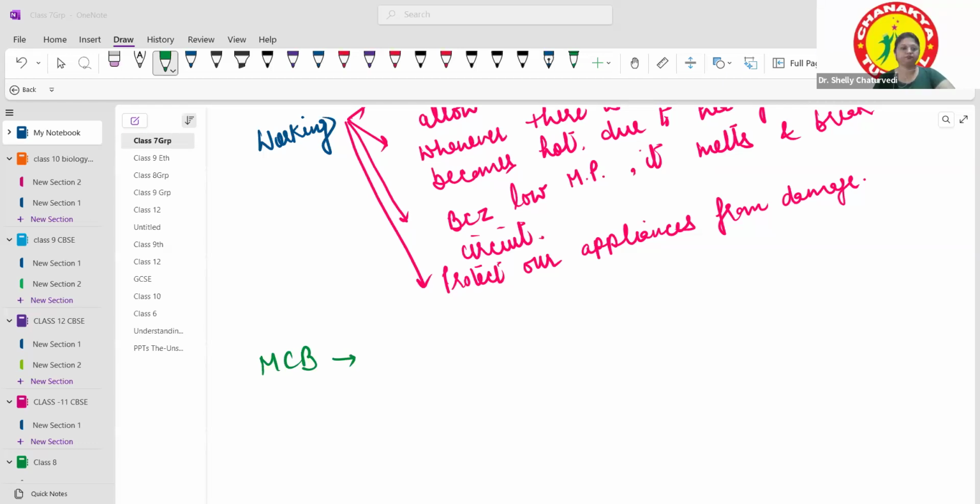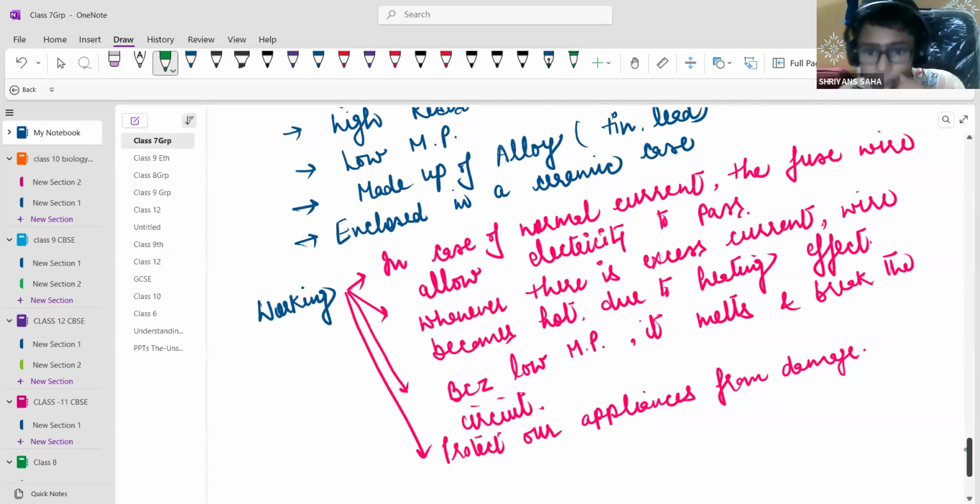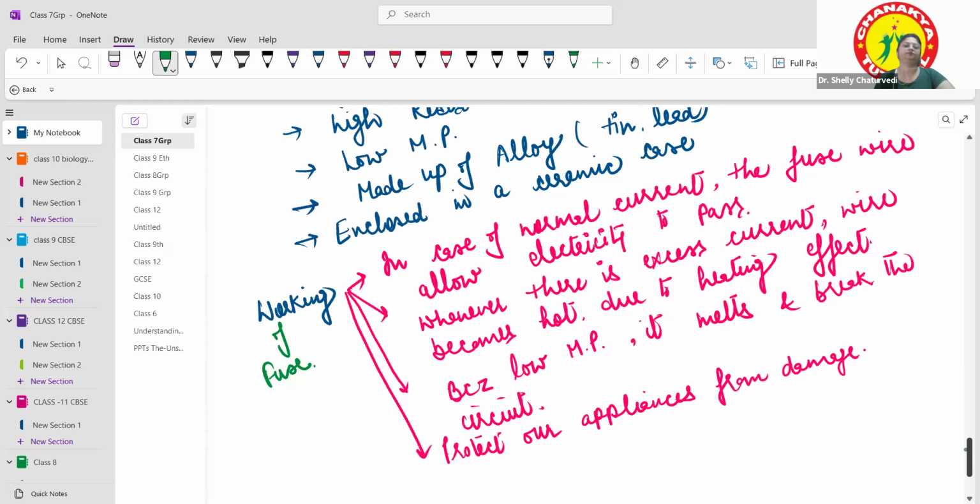Yes, ma'am, could you scroll up? Sure. So this is all about fuse working. MP is melting point right now. Yes, melting point. Just complete your notes, everyone.